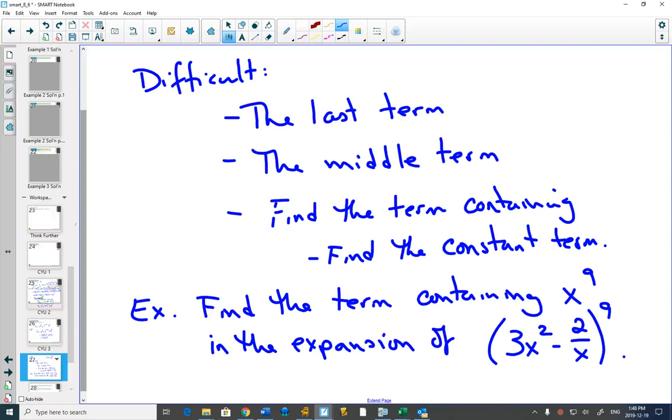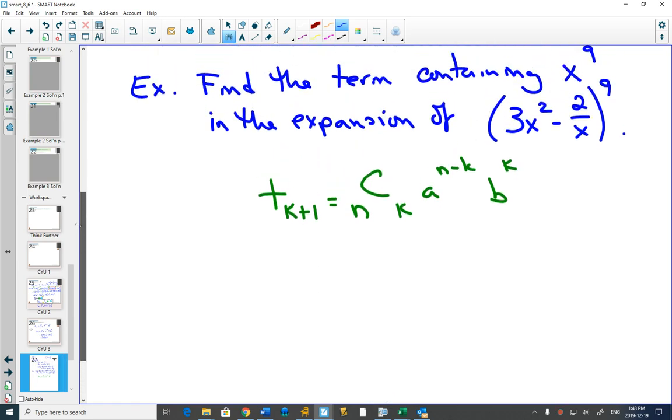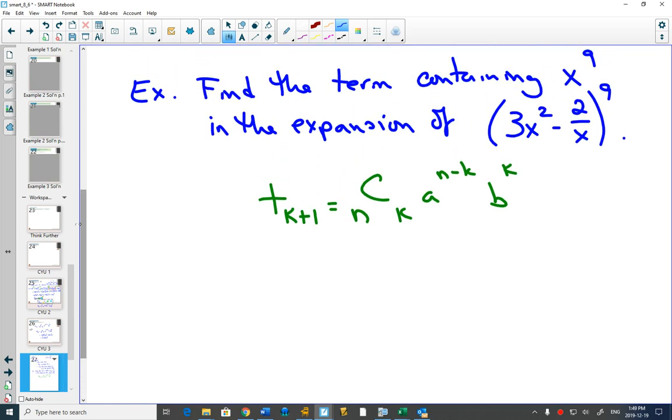But if I find all 10 terms, that's going to take a little while. So if I try to use my formula, term k plus 1, n choose k, a to the n minus k, and b to the k, and I try to plug in everything that I know. Well, I know that n is 9, but I don't know which term it is, so I have to leave that as a k. And I know that a is 3x squared, and this is going to be 9, but I don't know what k is, so it's 9 minus k.